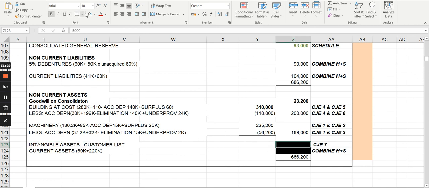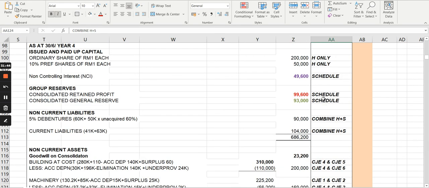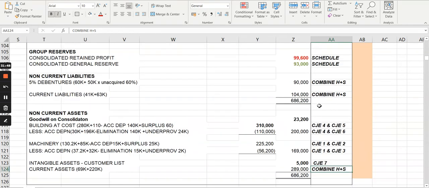There was no amortization since it has indefinite useful life, so 5,000. Current asset, you just add up, no adjustment so far. So 289. With that, you have the total 289. You just combine. You can see where we get the item. I put the remarks here. You can check that.